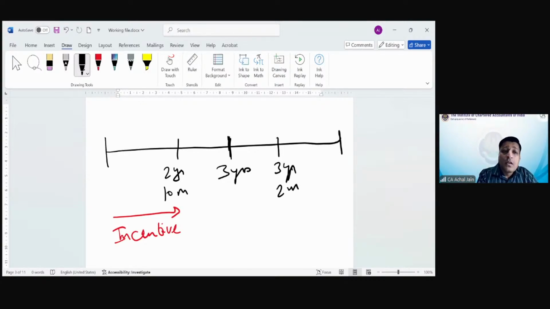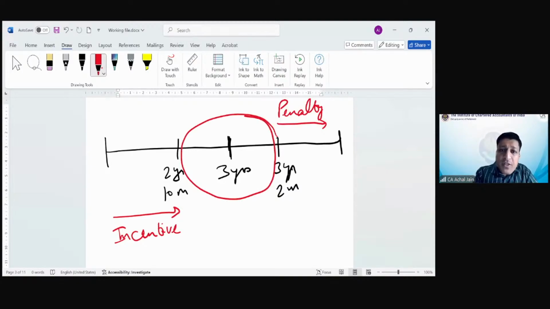If you go beyond this period, there will be a penalty. For anything that falls within this period, there will neither be a penalty nor an incentive as far as the terms are concerned. So how do you get to know about it? It's written in the contract.